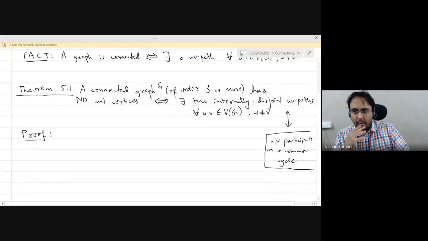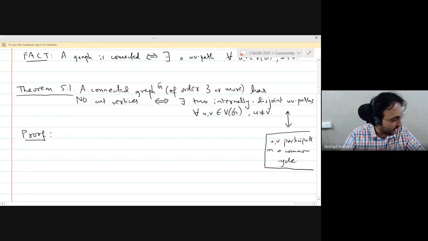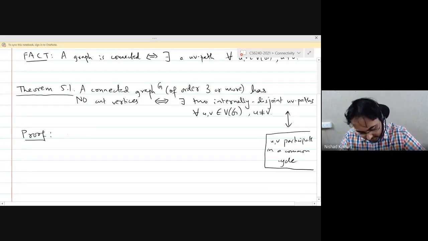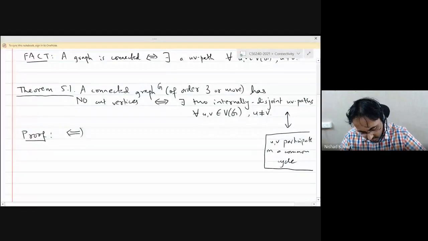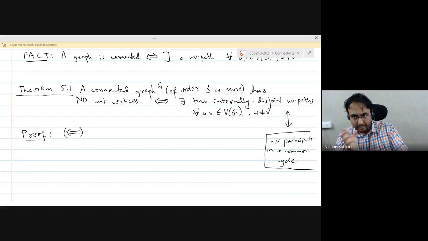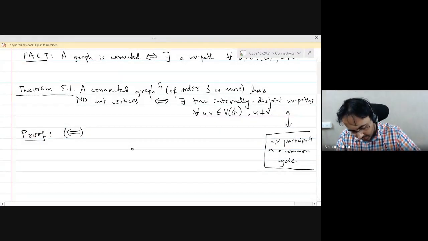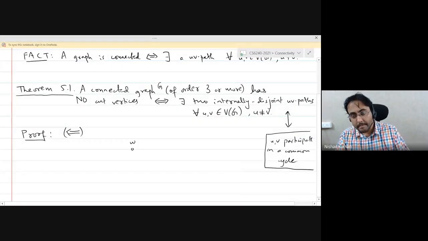All right, so let's prove the statement. Let's first do the easy direction. Supposing the graph has a cut vertex, I'm going to prove the contrapositive. Let's say the cut vertex is W. Now, there are going to be at least two components, since we are assuming that the original graph is connected.